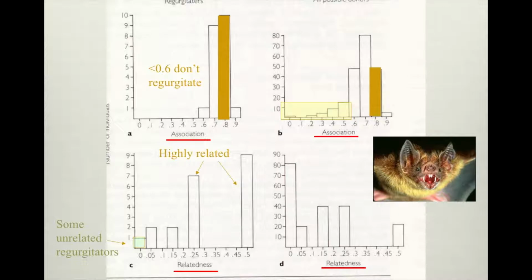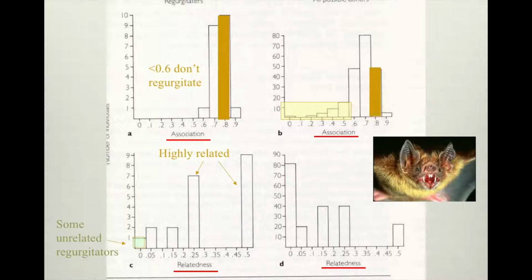At 70% of all nights, 80% of all nights, there's a very strong likelihood that individuals will regurgitate with you. When we look at all possible donors, though, we notice that some individuals who don't associate with one another do actually share food.